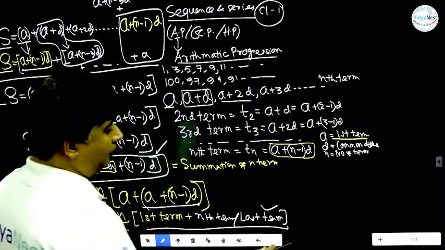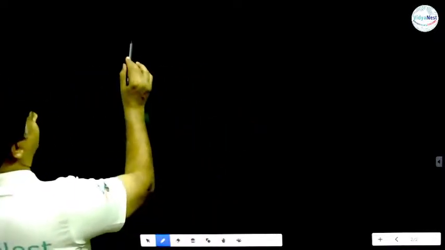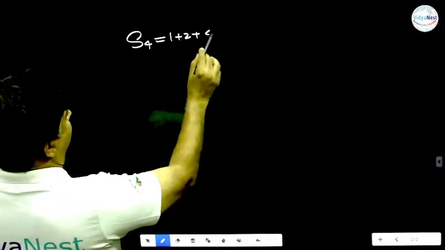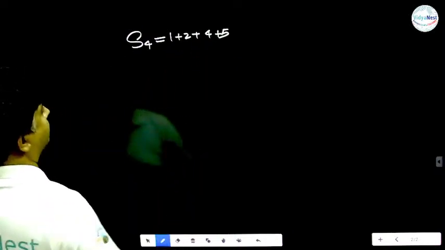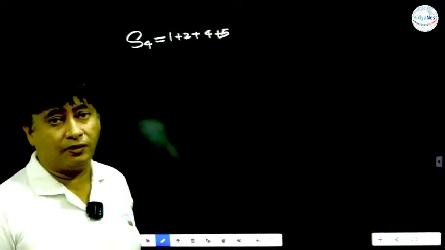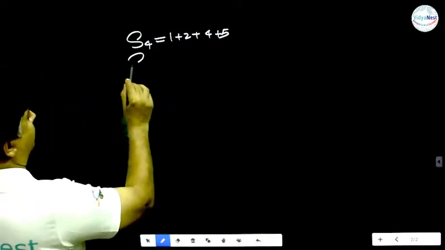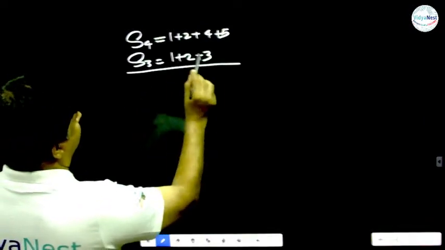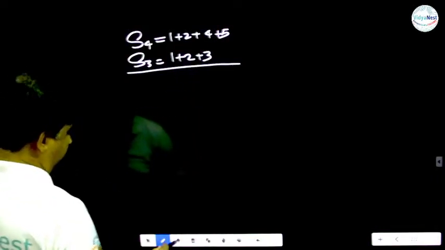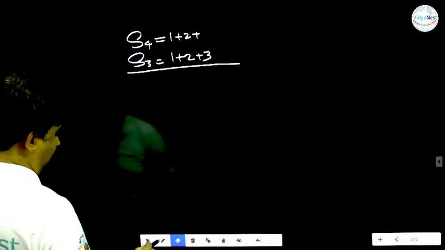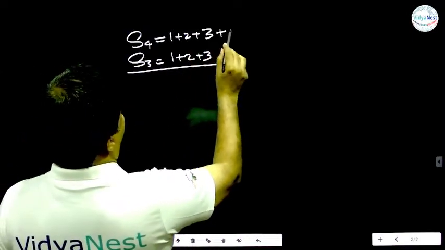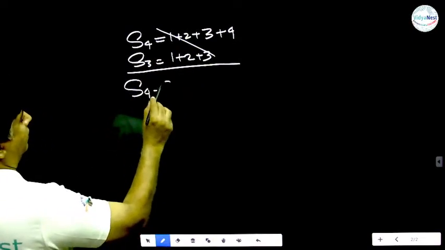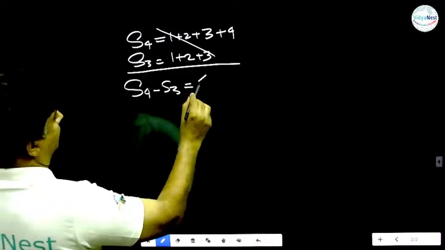Now you observe. Let's suppose the sum of the first 4 natural numbers. From the sum of the first 4, if I subtract the sum of the first 3, the common part will be nullified. S4 minus S3 is 4.